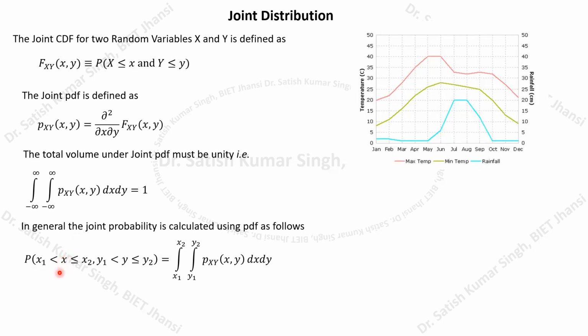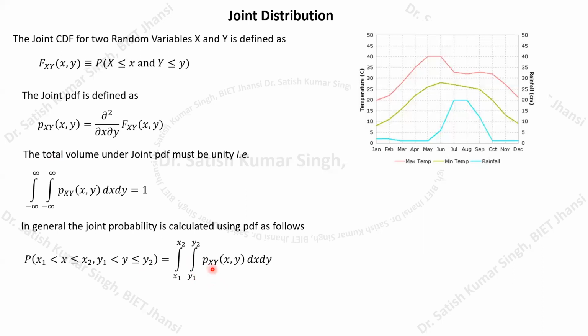So we can get this joint probability: what is the probability that the random variable capital X will be in between x1 to x2, and the random variable capital Y will be in between y1 to y2. This probability can be calculated by using the joint probability density function.